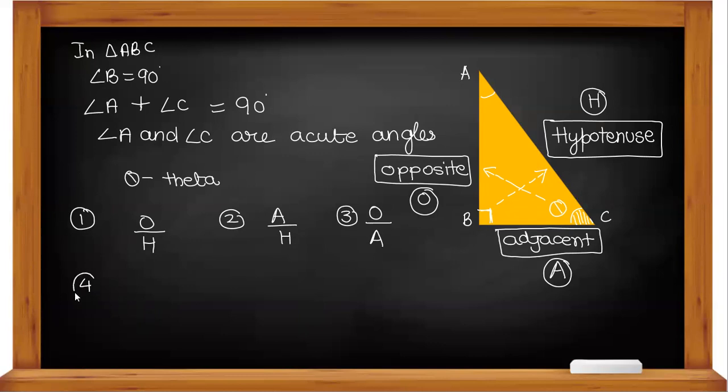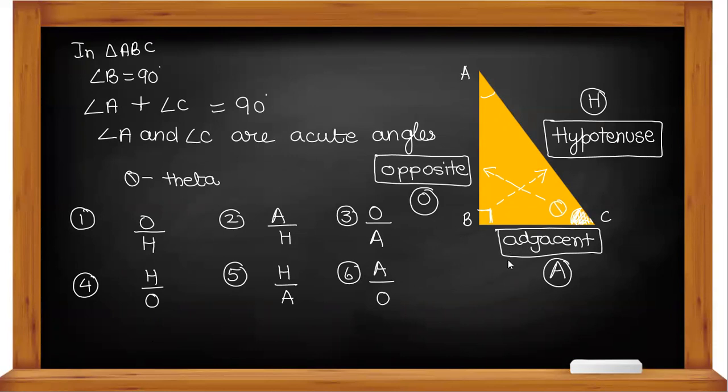Number 4, the ratio of hypotenuse and opposite. Number 5, the ratio of hypotenuse and adjacent. Number 6, the ratio of adjacent over opposite. So that means we have six different ratios with respect to the angle C, that is angle theta.